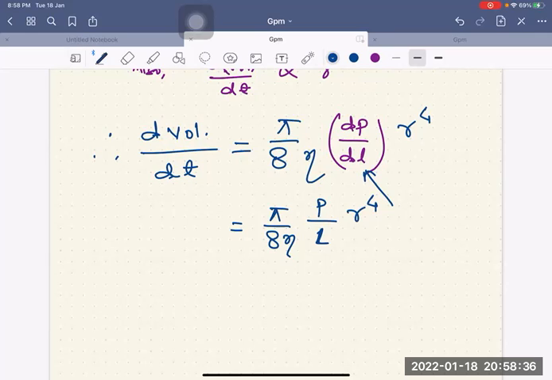The pressure difference. dP means the change in pressure. It is the pressure difference.